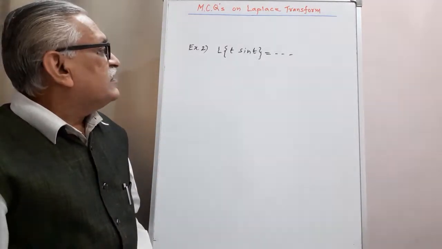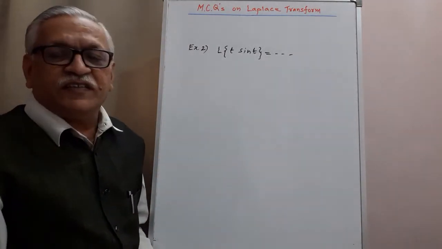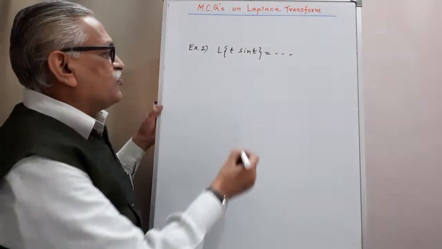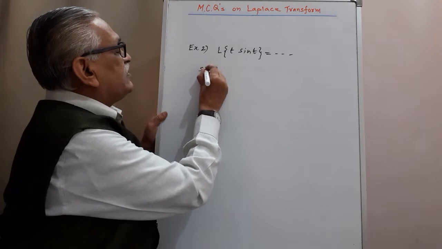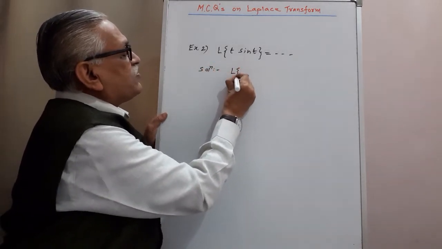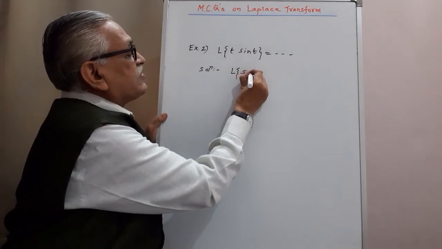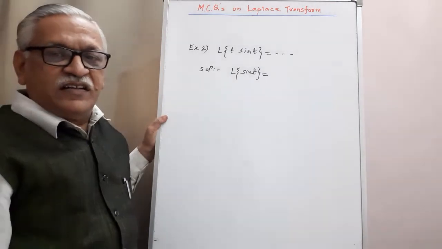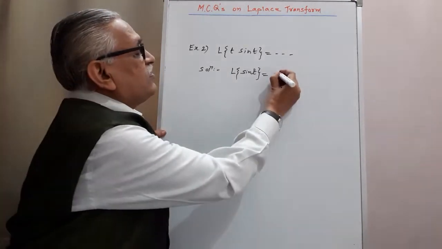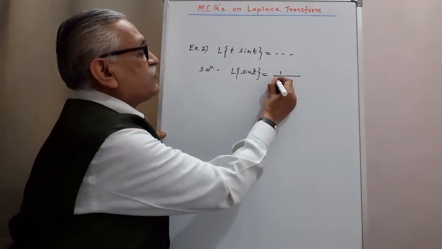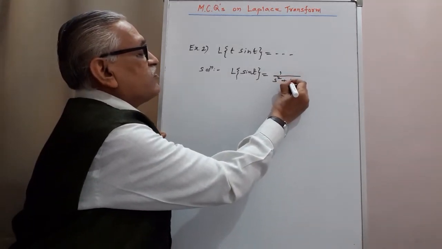Example second: Laplace of t sin t is equal to. Once again, we have to select the correct option out of the 4, and to find the correct answer, we find Laplace of sin t. Again, the standard result of Laplace is 1 upon s square plus 1 square, where a is 1.